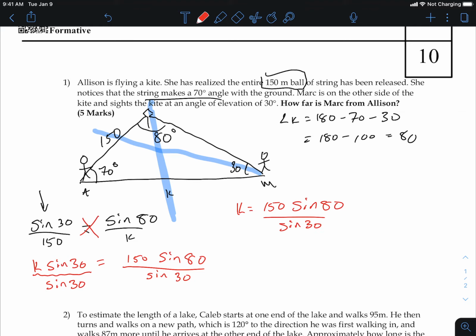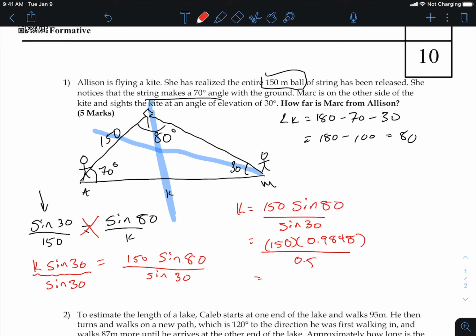Now, we just got to get the numbers. It's 150 multiplied by, does anybody have the sine of 80 off the top of their head as a decimal? 0.9848. And that's over sine of 30. What's that decimal? 0.5 maybe. Yeah, 0.5. Don't ask me how I know that. There's a few easy ones. Okay, has anybody done the math on that?